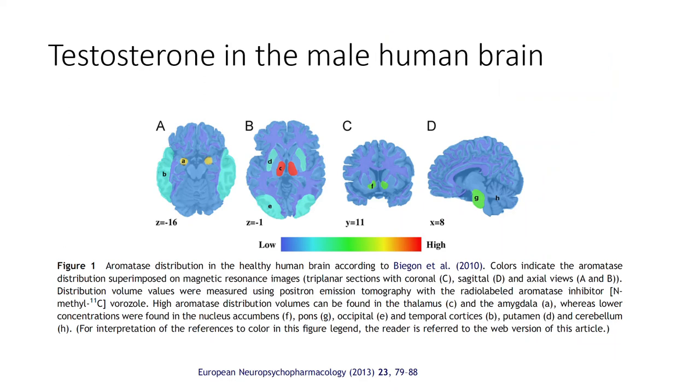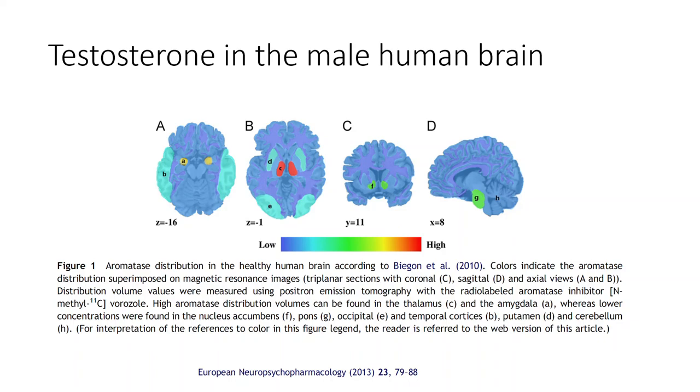Here are the testosterone receptors in the brain. And you can see that they are fairly widely distributed. They're in the thalamus, that's C. They're in the amygdala, that's F. They are also in the pons, and they are in the temporal lobes.